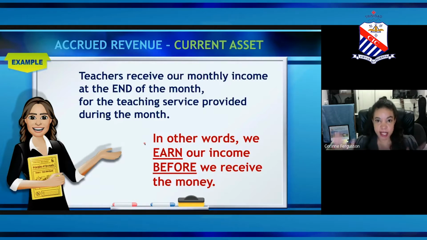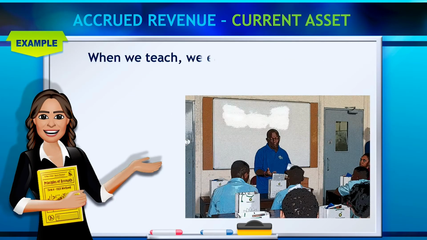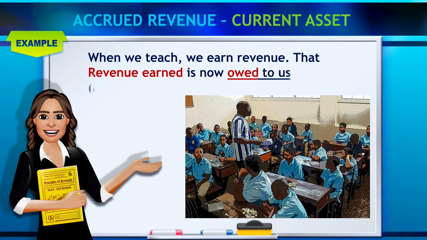So right now, as I am teaching to you, this is an asset to me, because even though I have not received the money, or I'm not going to receive it until the end of the month, this lesson that I am giving you here, I am actually earning my revenue. I'm earning my pay, which means that I am getting an asset, right? So when we teach, we earn revenue.